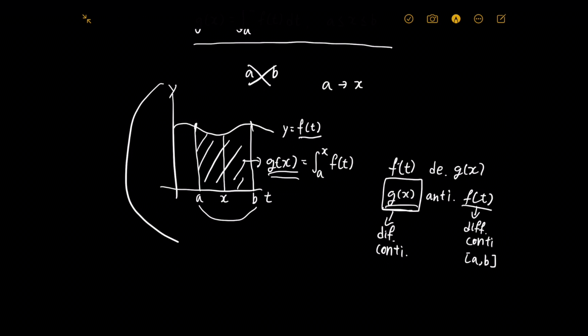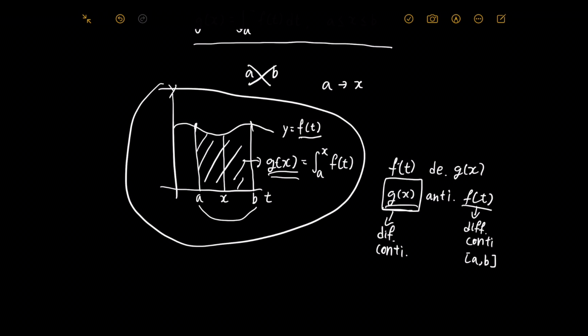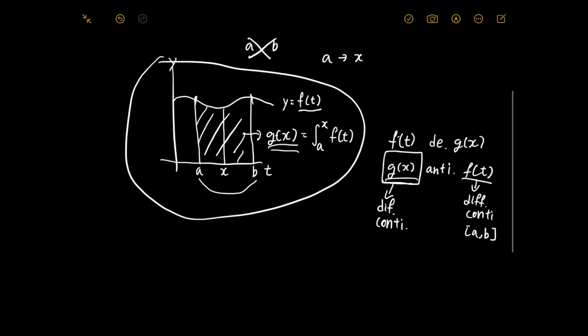And from this graph, we can find the relationship between derivatives and integrals. There's a function f of t, and when we integrate this function, we get the area, the accumulation of this function.